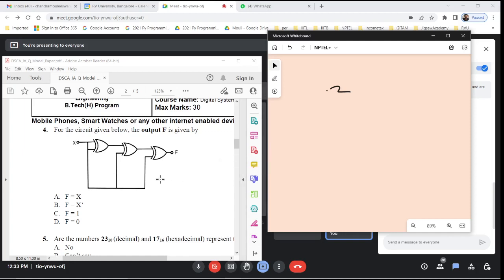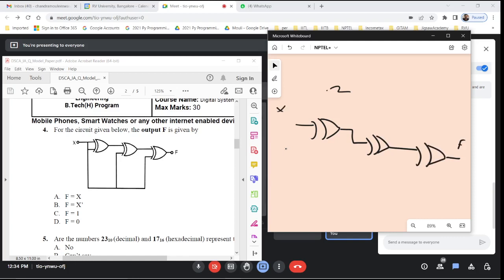So here also, I want you to find the relationship between X and F. F is the output, X is the input. What is the relationship? So you have to painfully find the output, and now you have to do it from input to the output.